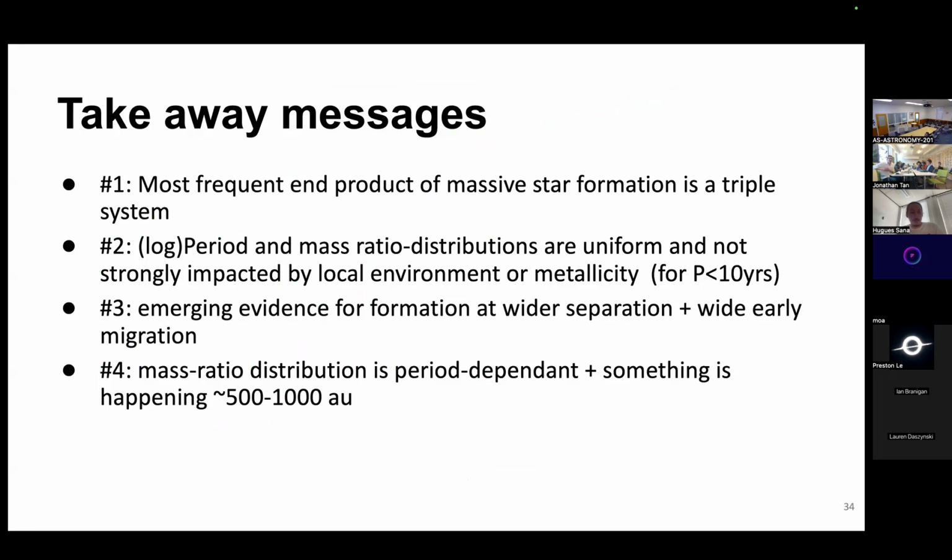In terms of orders of magnitude, what's important to remember is that the mass ratio distribution is period dependent. That's not the first time it's been claimed, but we find the transition at a very different, much wider period than what's been claimed before. And our length scale is about 500 to 1000.